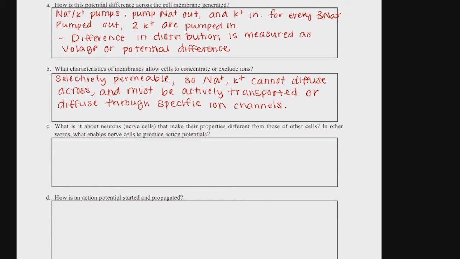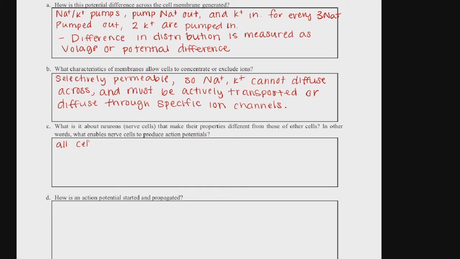C. What is it about neurons that make their properties different from those of the other cells? In other words, what enables nerve cells to produce action potentials? All cells generate a potential difference across their membrane, so I just want to make sure we all know that.